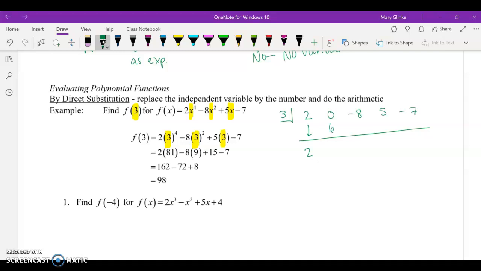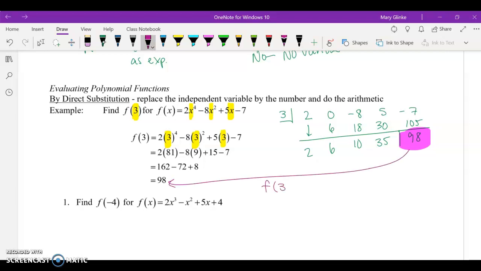And you would go through the process of using synthetic division, so multiplying things back up and then adding down. When you do that, you would get 98 as your remainder. So whatever your remainder is would be what f of whatever you plugged in is. That's called synthetic substitution.